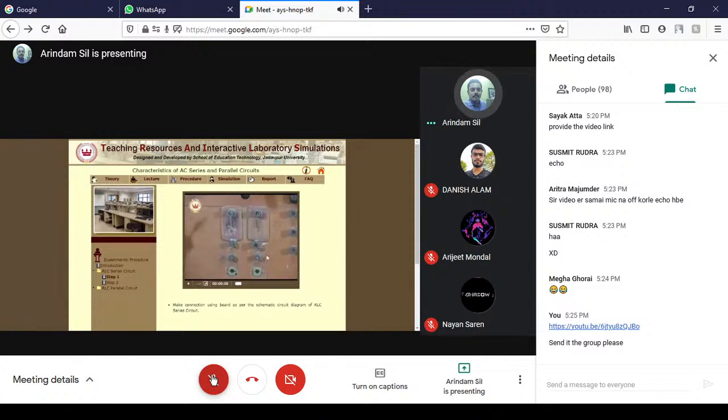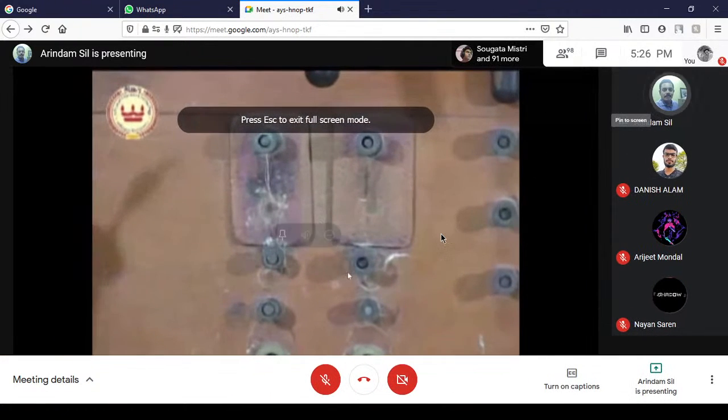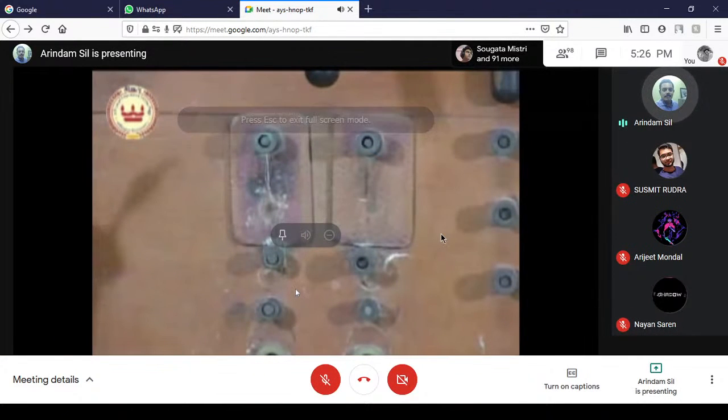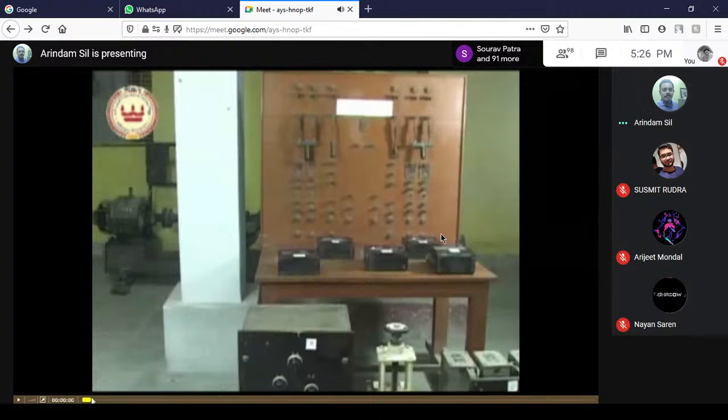Can you see this tab? This particular year, the presentation part. In that you can see that this is the board, the laboratory board, wooden table, which we have in the labs, and we are here to actually make you understand that this is the setup.